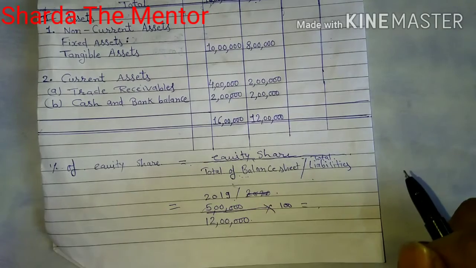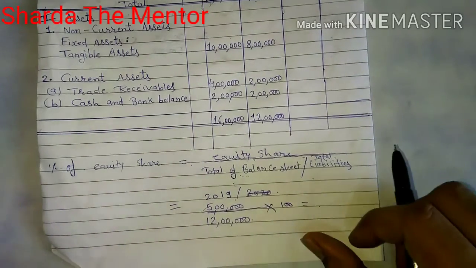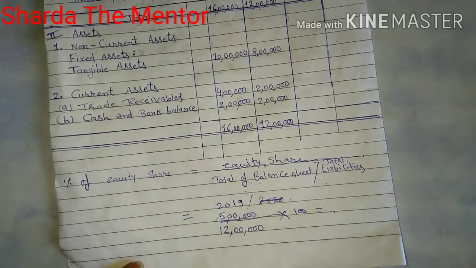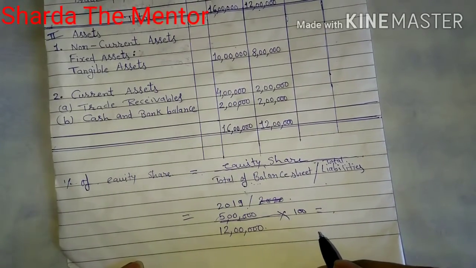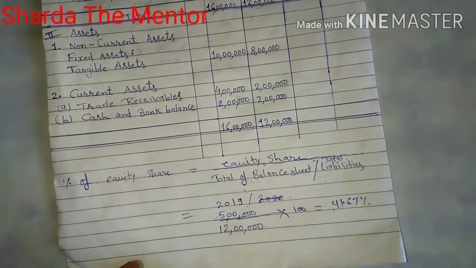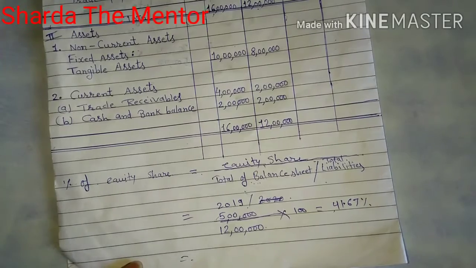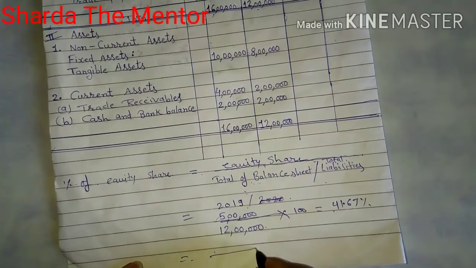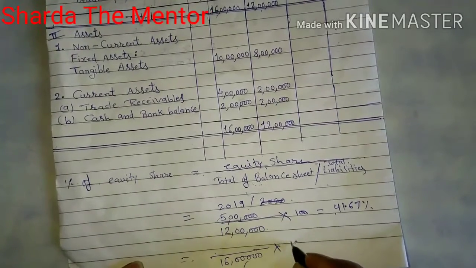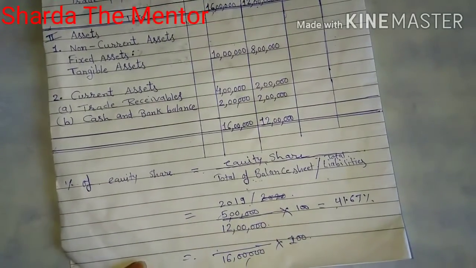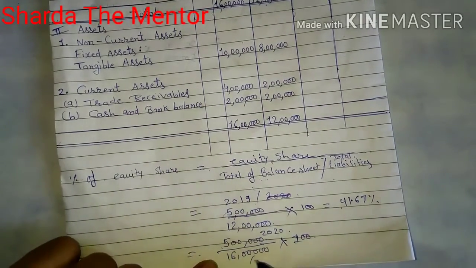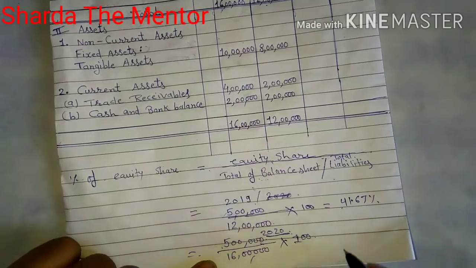With the help of a calculator you can find out the amount. 5 lakh divided by 12 lakh into 100 is 41.67%. In the same way, for 2020 the balance sheet total is 16 lakh, and the value of equity remains unchanged.